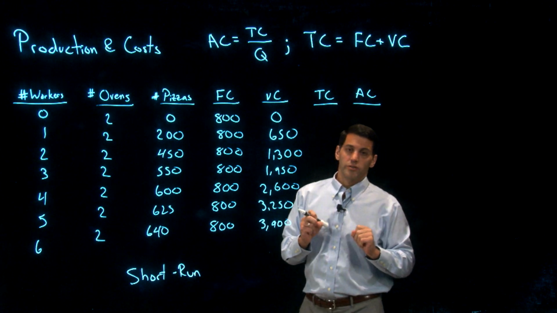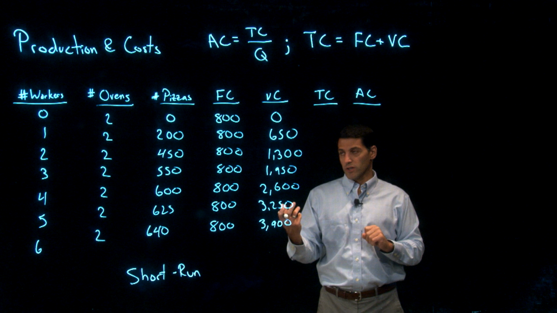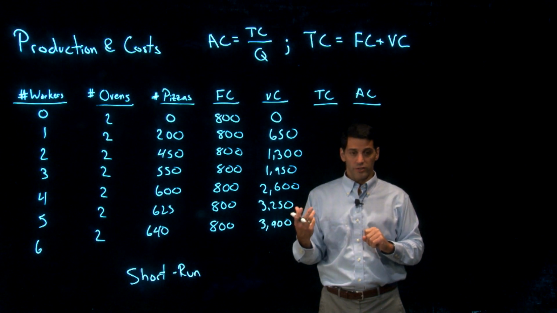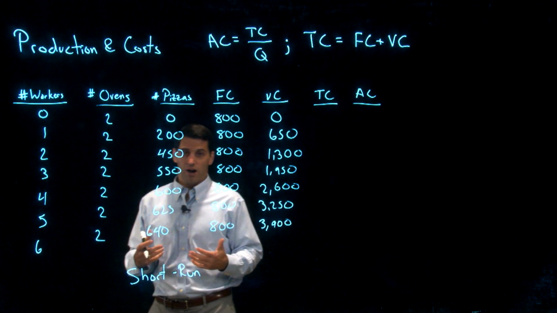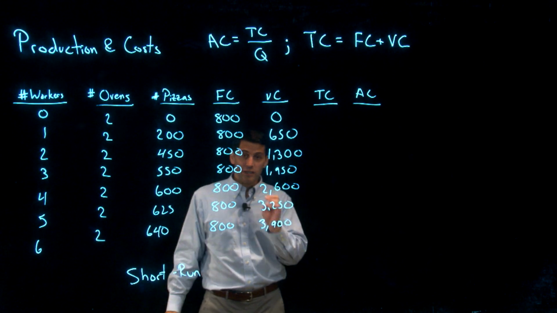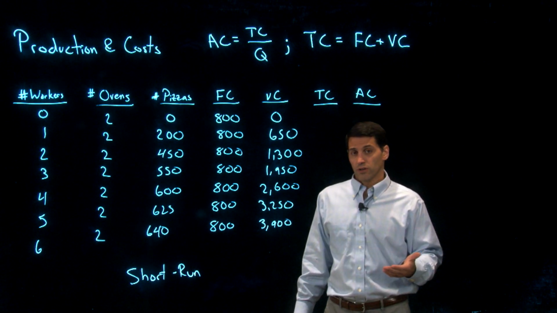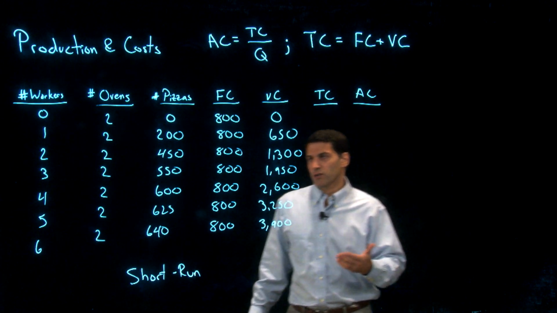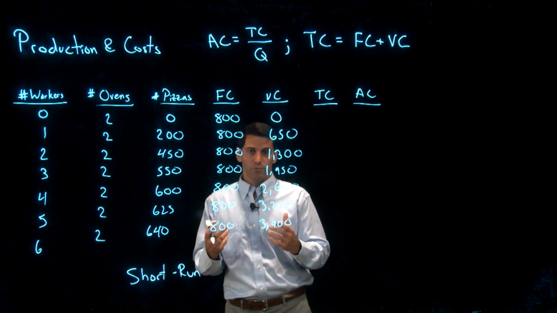Now it's important to remember that even if the restaurateur owns the ovens, so maybe they're not renting them out and not paying an explicit cost, there's still always an implicit cost when a firm uses its own capital in production. So what are we really saying if each pizza oven has a cost of $400 per week?